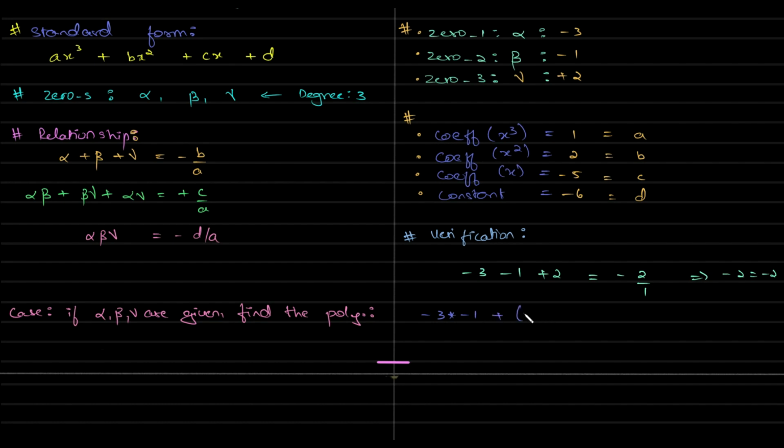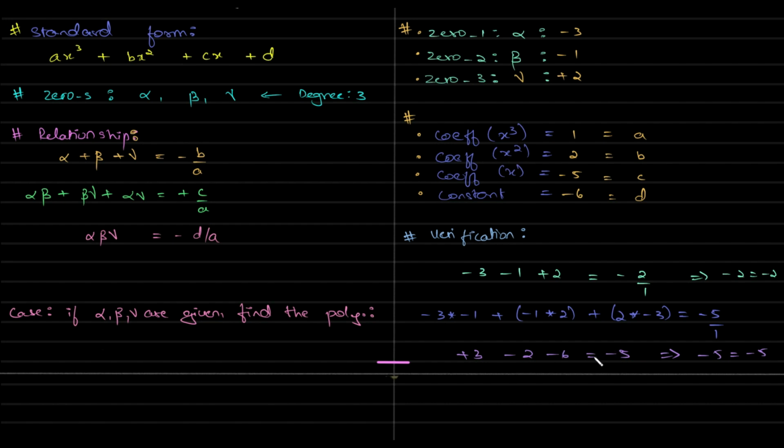Second one is alpha into beta plus beta into gamma plus gamma into alpha being equal to plus c by a, so minus 5 by 1, right? So if we finish calculating this, you have plus 3 minus 2 minus 6 being equal to minus 5. So when you calculate the left hand side, you have minus 5 being equal to minus 5, is it not?